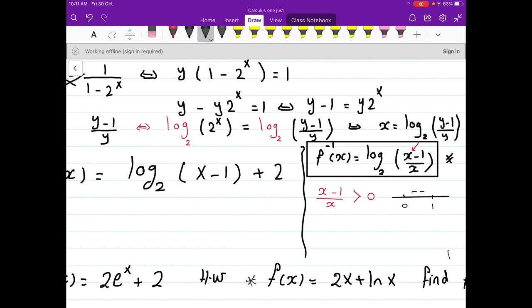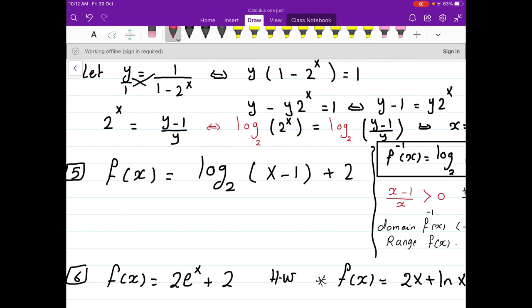If you choose a number greater than 1, positive. Less than 0, like minus 2, minus 2 minus 1 negative over negative, positive. So what is the domain? The domain of f inverse(x) is from minus infinity to 0 open, union 1 to infinity, and this is the same as the range of f(x).